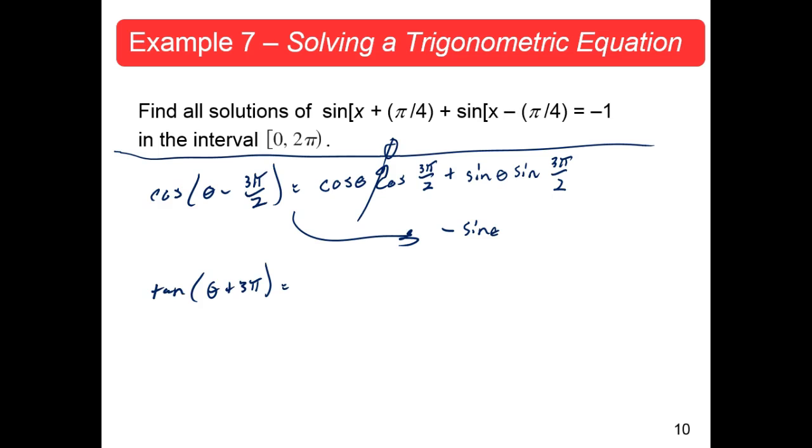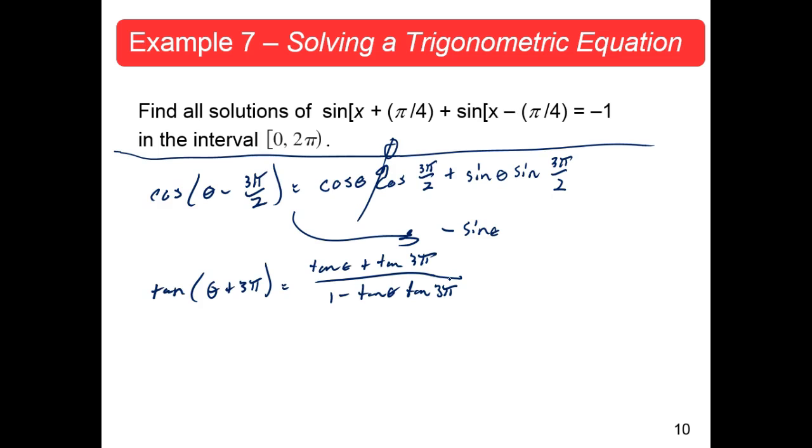And see what the tangent of, it's a sum, right? Yep. What's that? Tangent theta plus tangent 3 pi over 1 minus tangent theta times tangent 3 pi.